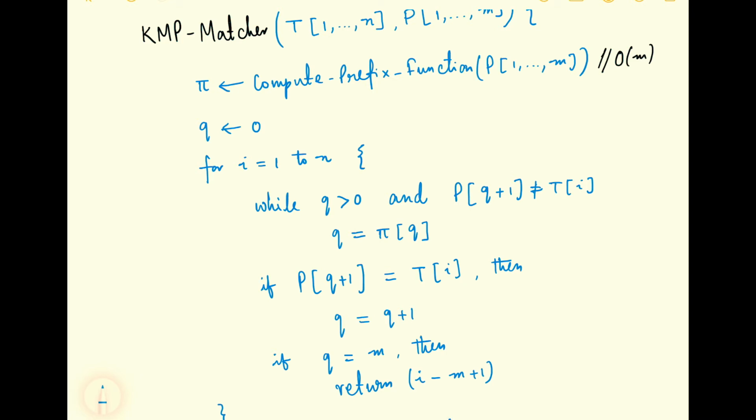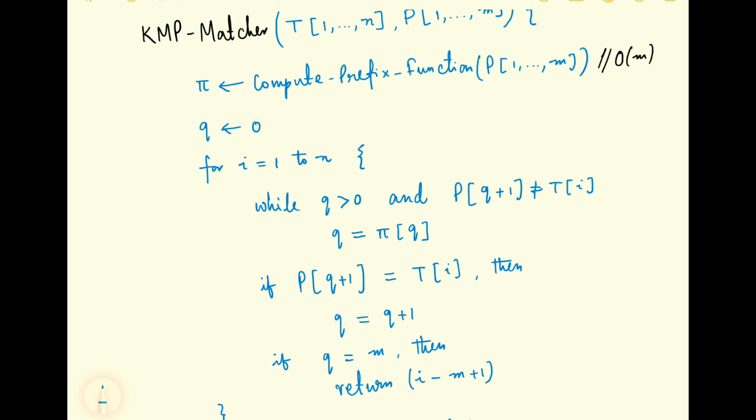So this way, if q becomes 0, that means no partial matching is available, and I have to start again from scratch, and that's when I will exit from the while loop. Or the other way, I can exit from the while loop if I find a match and see that it is possible to extend this partial match by one character.